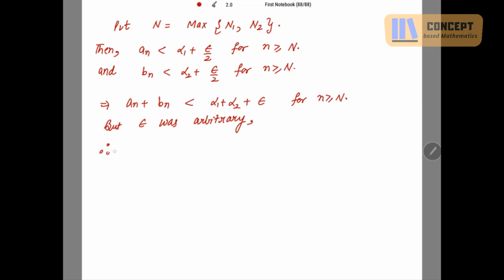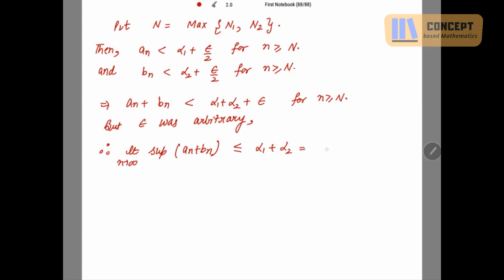So therefore, let's take the limit now. Limit n tends to infinity supremum of an plus bn is less than or equal to alpha 1 plus alpha 2. What is alpha 1?